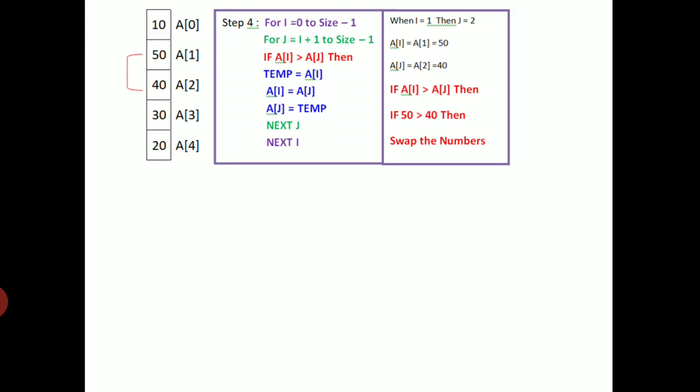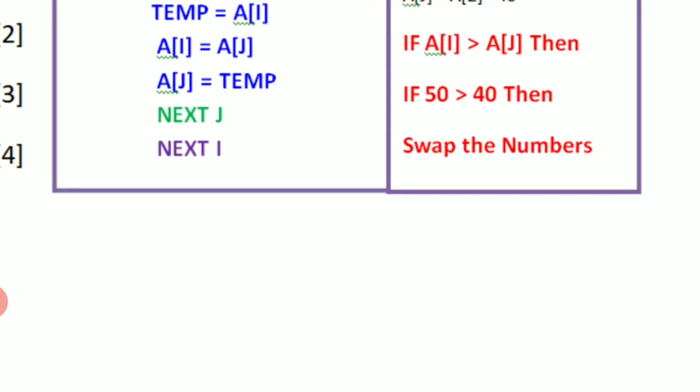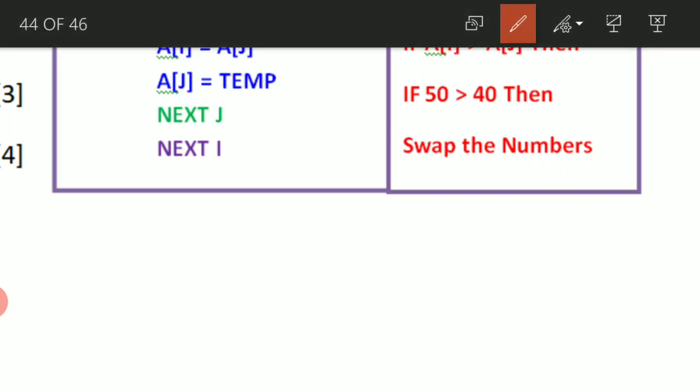Fine. Now what happens here? Now next I will come to the picture. Why? Because J has been incremented up to 4. Size minus 1 is going to be 4. Now the inner loop is finished. After finishing the inner loop, what happens now? Next I will come to the picture. Previously I value is 0.